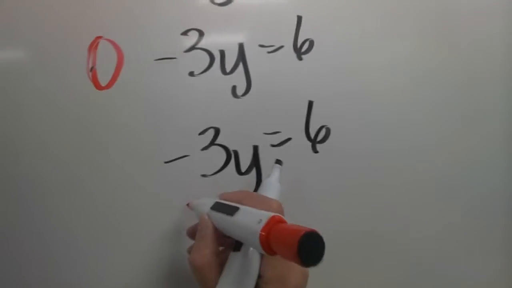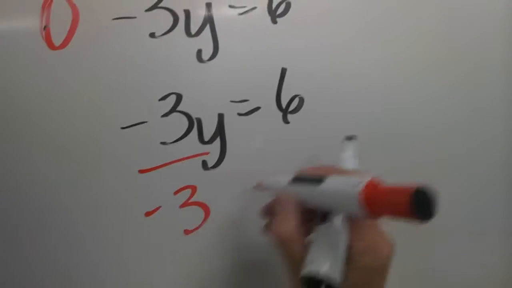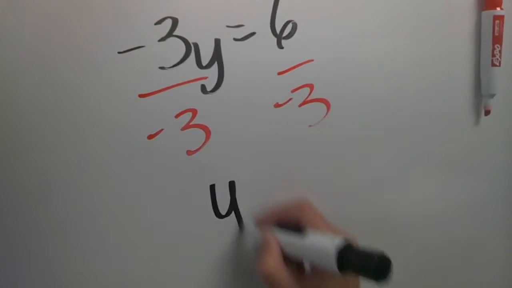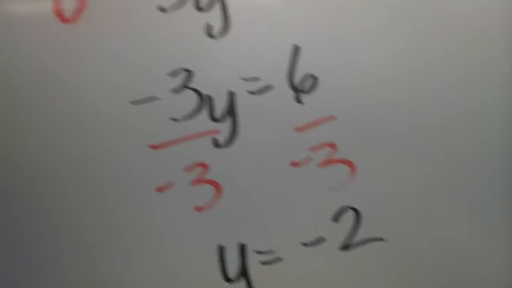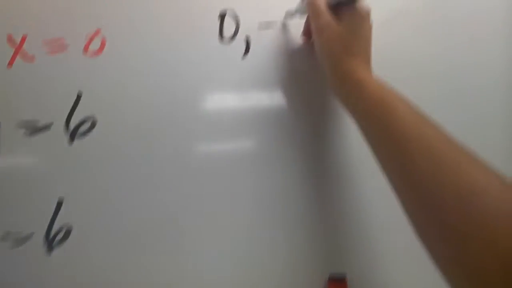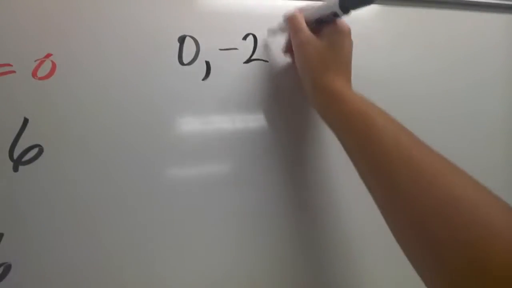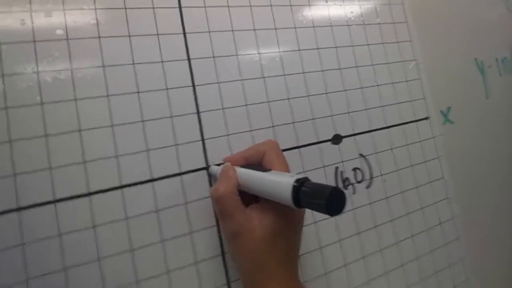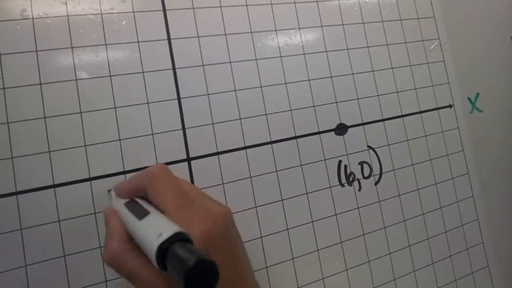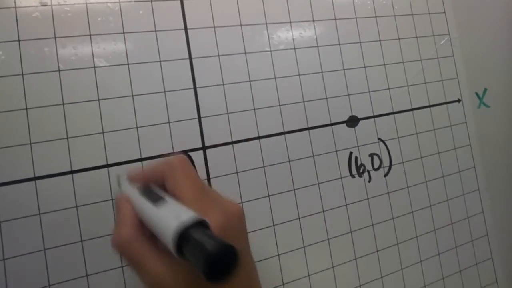I need to divide by negative 3. That leaves me with y equals negative 2. So now we know that for this intercept, our x is 0 and our y is negative 2. So we go back over to our graph. 0, no left and right, only up and down. 1, 2. So 0, negative 2 is our intercept.